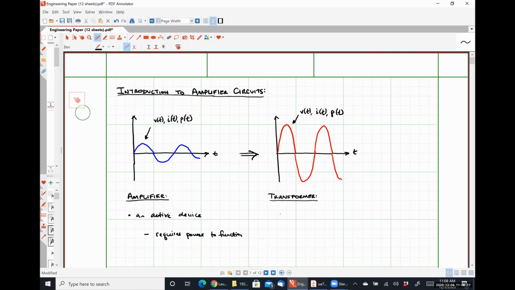So transformers are passive devices, meaning that no external power is required.